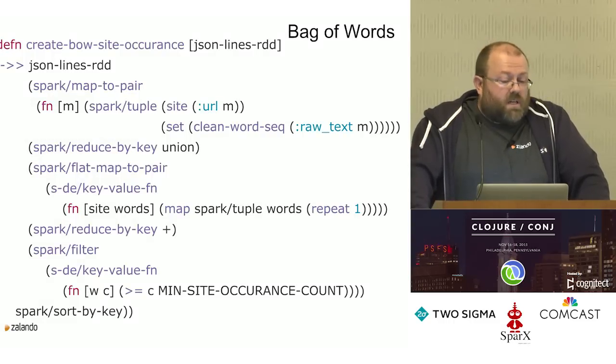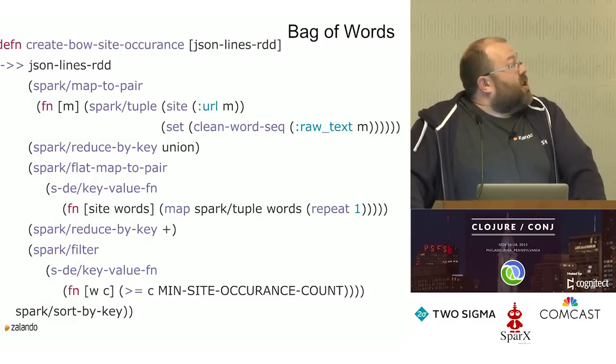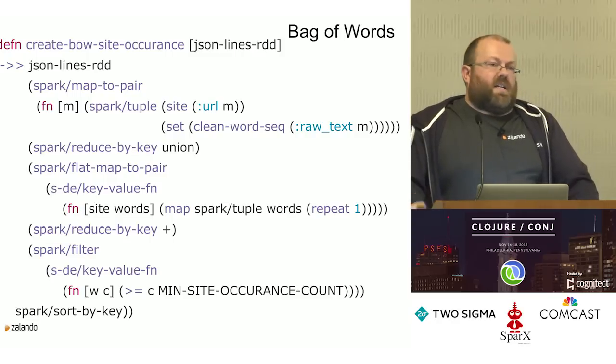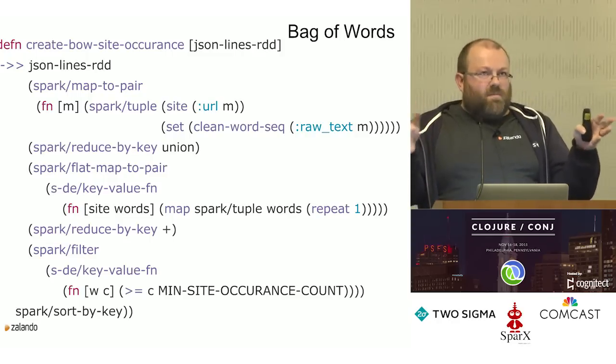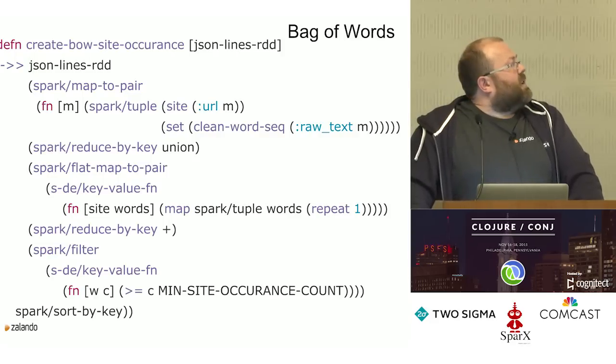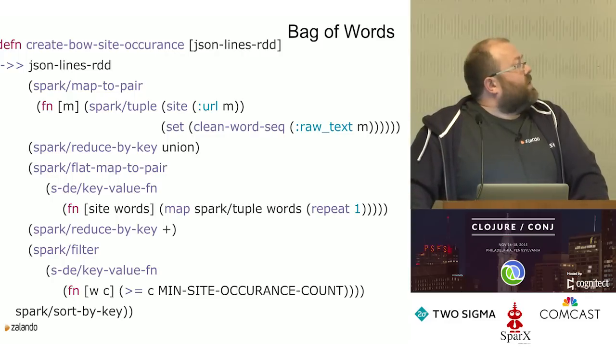So the code for it is more or less along these lines, where basically we had an RDD where each line was kind of a JSON map, or it was a map at this point, came from JSON documents. We basically mapped a pair. RDDs have a thing, kind of a key value pair operation, where if you put it in a tuple, it makes it easier to group by and do certain operations more efficiently.